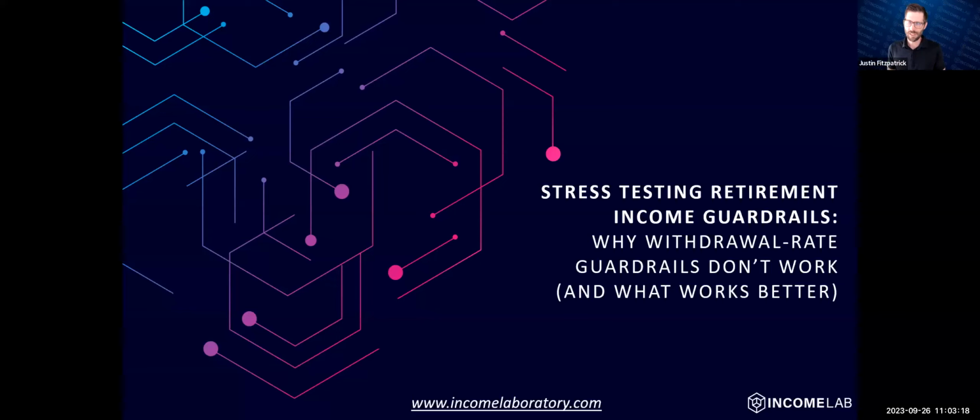So today we're really diving into some things that Derek and I have found in applying Income Lab's new stress test to some other ways to do adjustment-based planning, and specifically withdrawal rate guardrails. So I think this will be really good for people who have toyed with guardrails in the past, or know people who have, to kind of take those concepts out of academia and see how they apply or don't, as the case may be, in real life, and what we can do better.